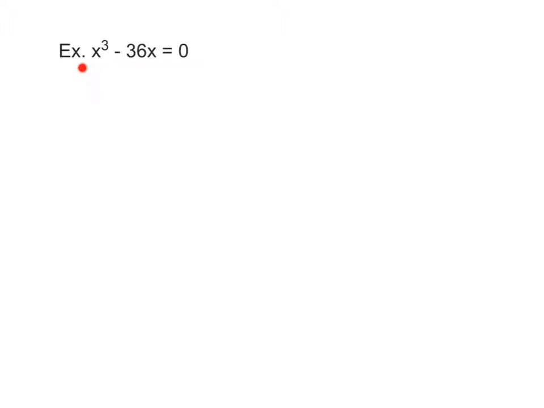For this problem, I'm looking for the greatest common factor. There's an x in common. After taking the x out, we're still not done. The remaining binomial is actually a difference of squares. I can write it as a plus b, a minus b.